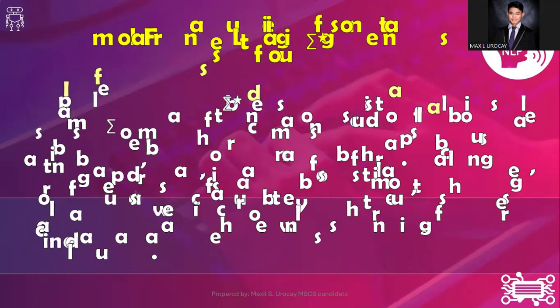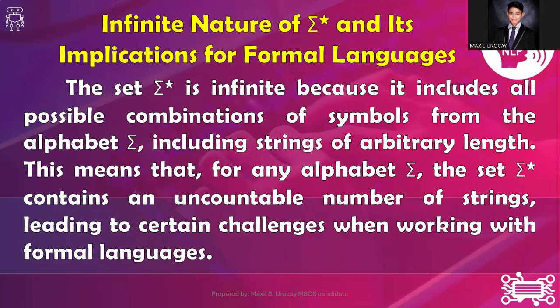Next, the infinite nature of the alphabet and its implication for formal languages. The set alphabet to the power of asterisk, or Kleene star, is infinite because it includes all the possible combinations of symbols from the alphabet, including strings of arbitrary length.